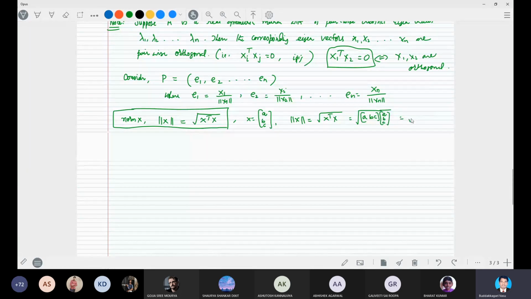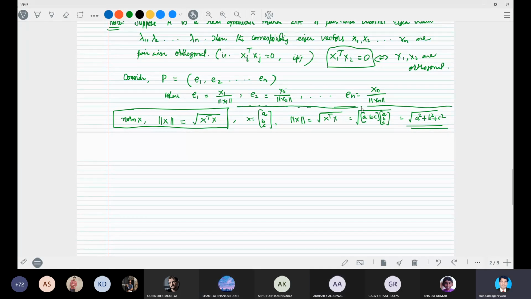That is equal to root of a square plus b square plus c square, right? That results in the distance from the origin to the point. Okay, understand? Students? Yes, sir.